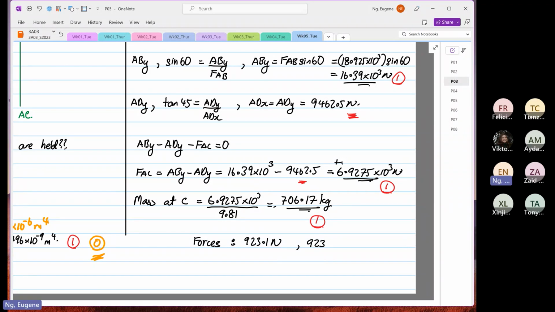It's fine, because if we look at 0.1 of a Newton, it's equal to how many kilogram? 0.1 divided by 9.81 is equal to 0.04 kilogram. What is 0.04 kilogram? Sometimes it's difficult to measure. You get what I mean? So forces, you can put 923, it's fine.